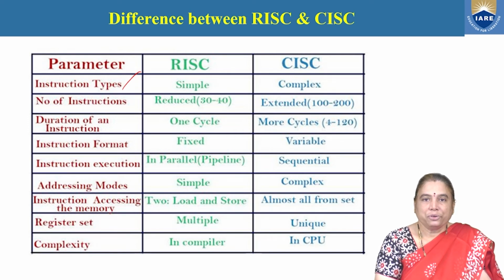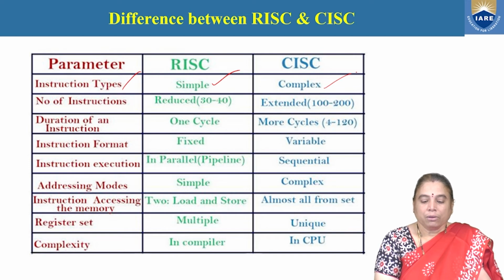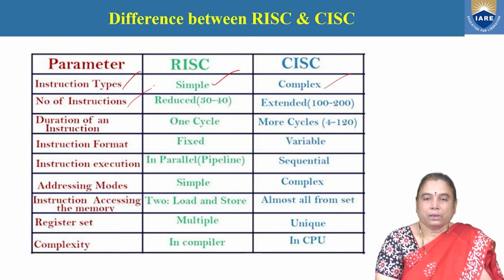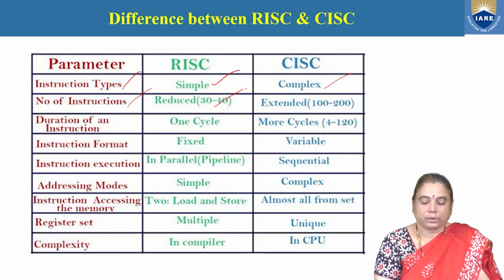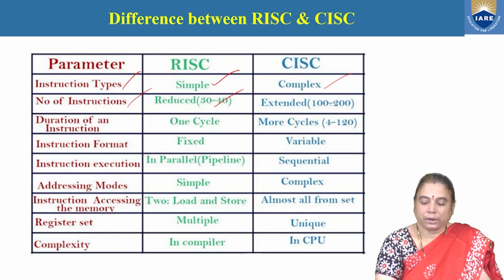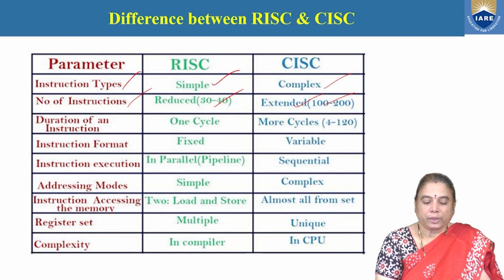In the reduced instruction set computer, it is a simple one, but in the complex instruction set, the instruction types can be complex. The number of instructions is reduced; generally, 30 to 40 instructions are present in the instruction set. In the complex instruction set, the number of instructions can be extended to 100 to 200 instructions per instruction set.